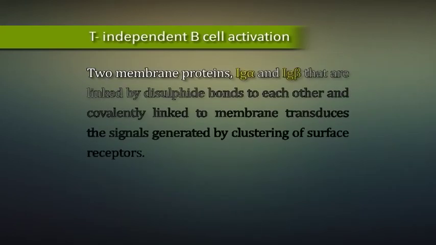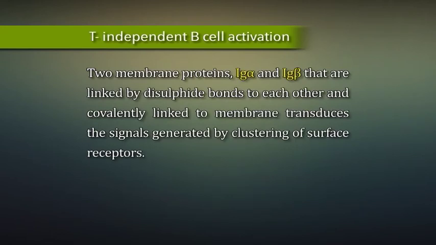Two membrane proteins, immunoglobulin alpha and immunoglobulin beta, that are linked by disulfide bonds to each other and covalently linked to the membrane, transduce the signals generated by clustering of surface receptors. These two molecules, together with surface immunoglobulin, form the B lymphocyte antigen receptor complex.